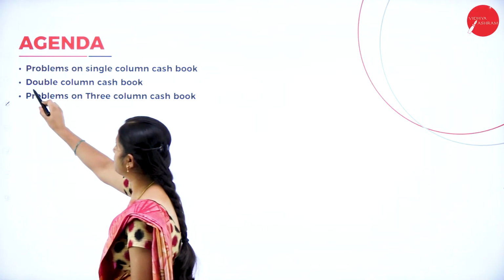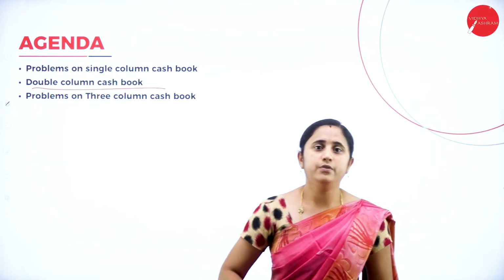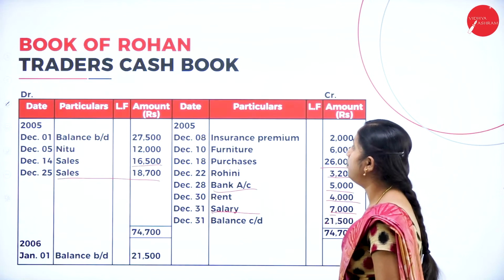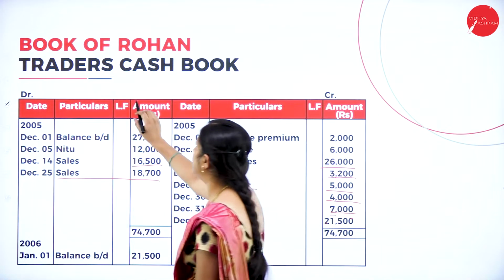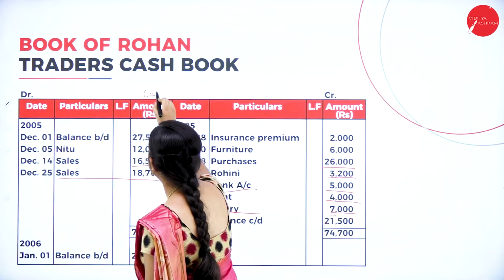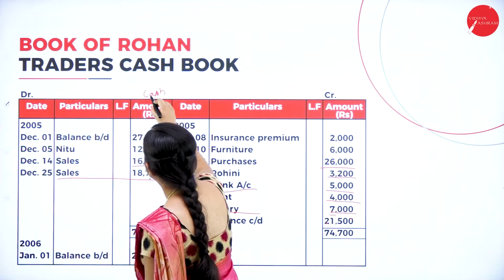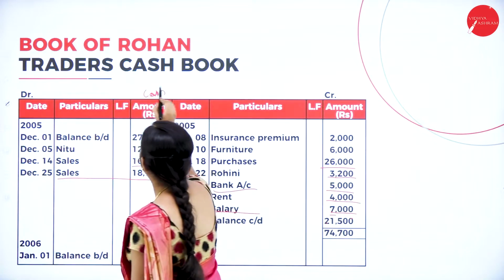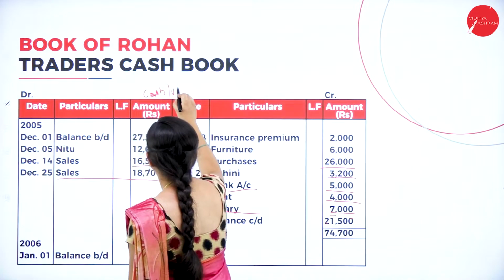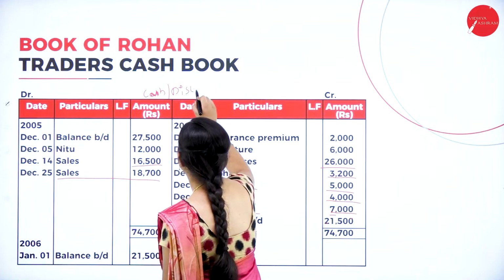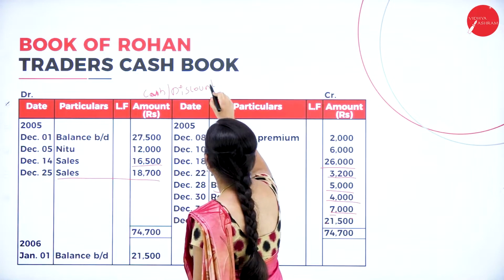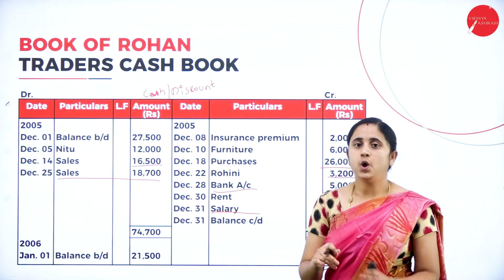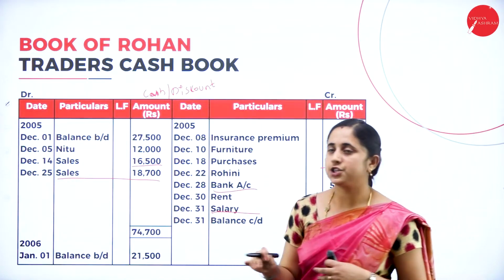Double column cash book is the same as the single column cash book. In single column cash book, you have only one column for the amount, that is cash. In double column cash book, there is one more column called discount, in addition to the amount.